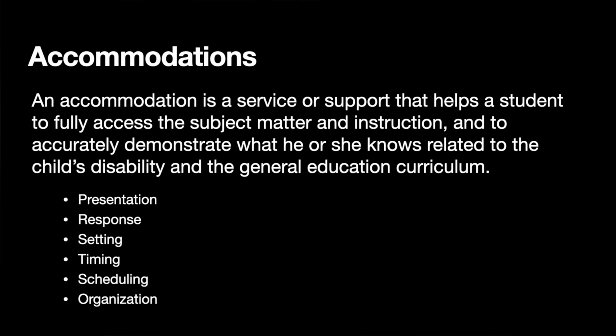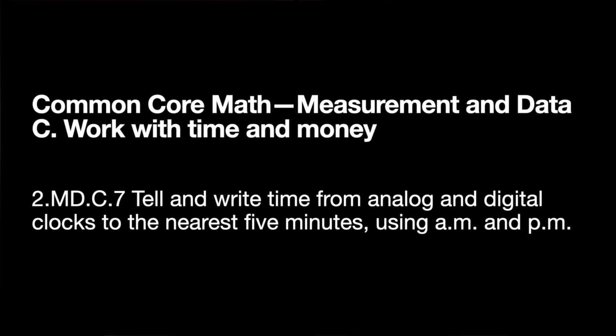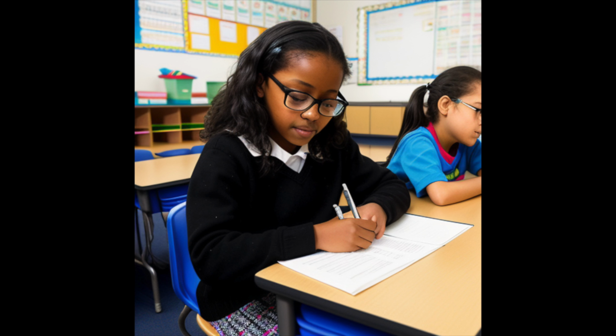These accommodations can fall into any of these categories: presentation, response, setting, timing, scheduling, or organization. Let's take a look at a few examples of those. So, using the math standard about telling time, for a student who has low vision or blindness, they certainly could learn to tell time, but the way that the clocks are presented to them will have to change to overcome the barrier caused by their inability to see them hanging on the wall.